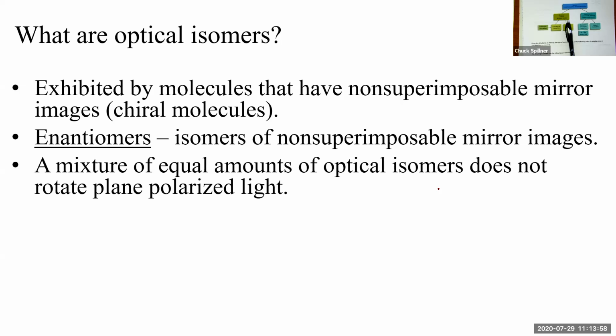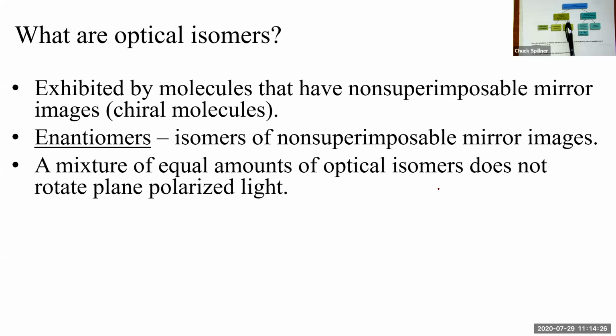So that's why they're difficult to discover. It was only when one isomer was obtained from a biological source that scientists noticed it rotated plane polarized light. Actually, the way it was discovered was from the crystal structures.